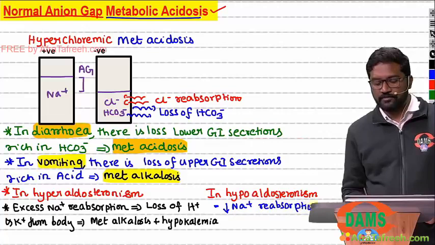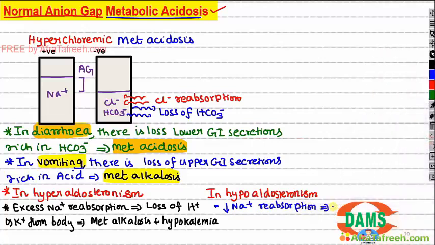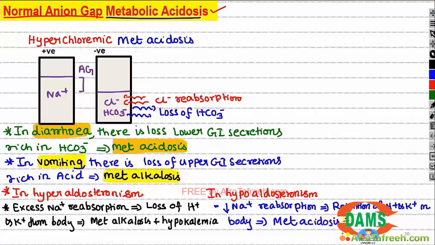That results in retention of H plus and K plus in the body, because H plus and K plus are staying in the body. What will the body develop? Increased H plus is metabolic acidosis. Increased K plus is nothing but hyperkalemia.